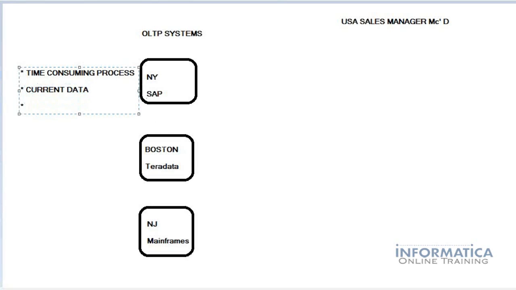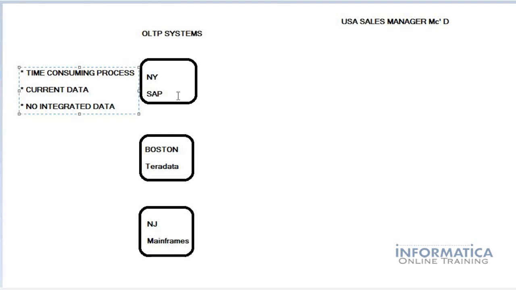And the OLTP systems do not have integrated data. No integrated data is present in the OLTP system, because you need to analyze the business across USA, and you need an integrated report to understand how the business is running.